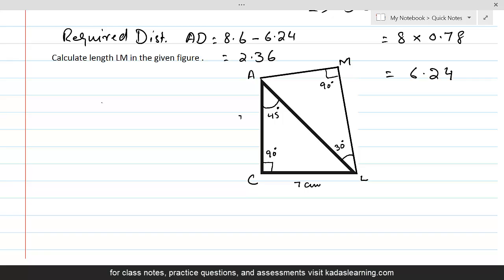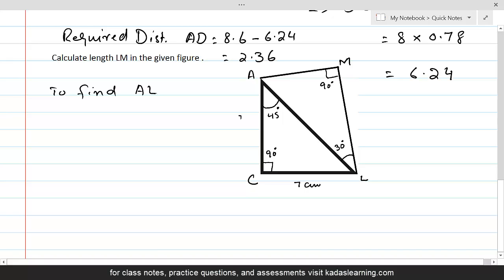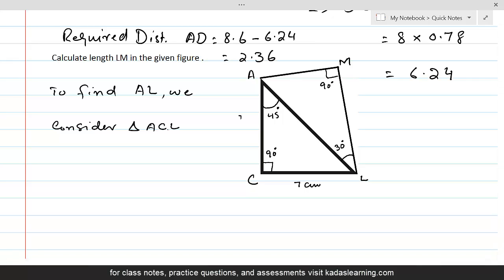So to find AL, we consider triangle ACL.